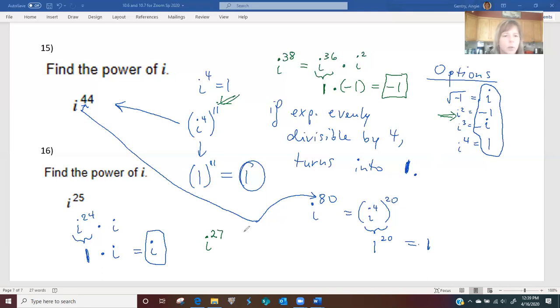Then you're going to say, well, I could split that into i to the 24th times i cubed. 24 is evenly divisible by 4. It's close to 27. If I do 28, it's too big, so you can't do that. And then i to the 24th is just simply a 1 because you accept it. And then i cubed, we had to memorize from over here, and that's just a -i.